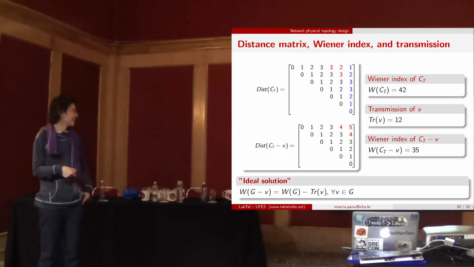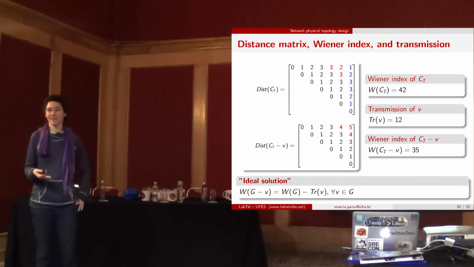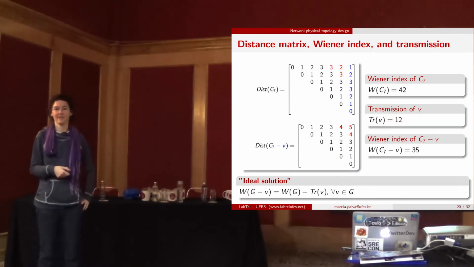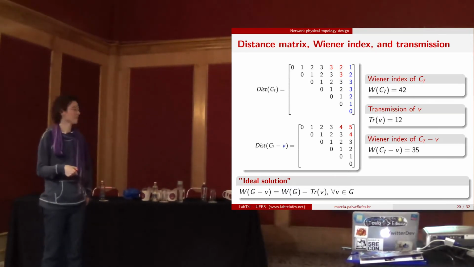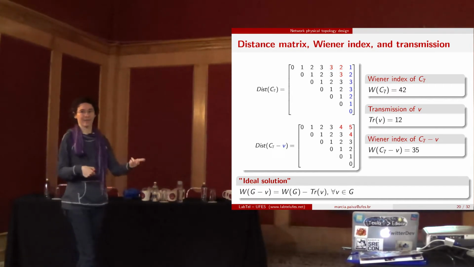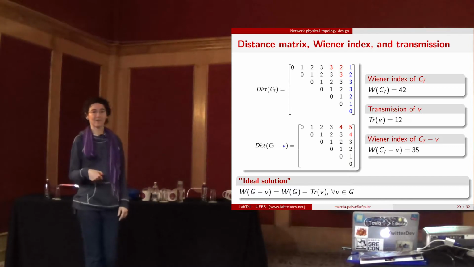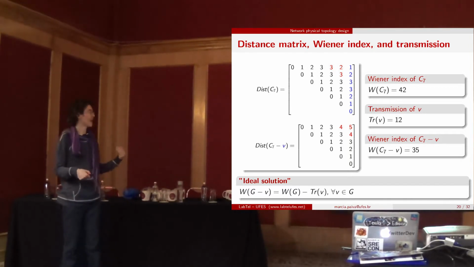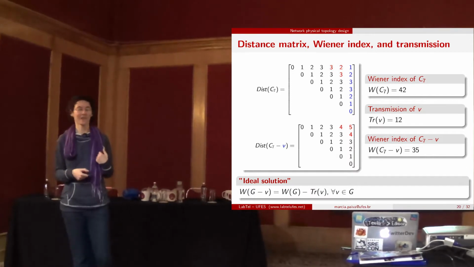So it's easy to see the equation. The Wiener index, the ideal solution, that is a solution that will not be impacted by removing a node, would be one where the Wiener index after the failure corresponds to the Wiener index of the original graph minus the transmission of the node you have removed.